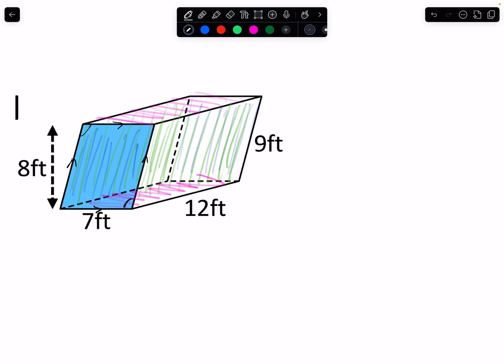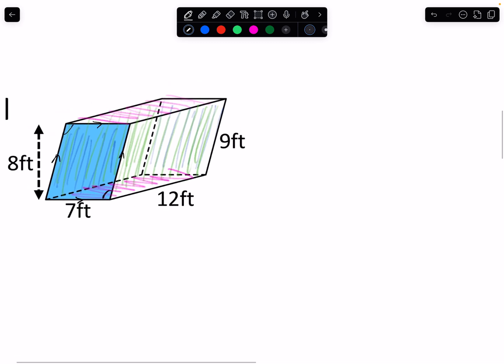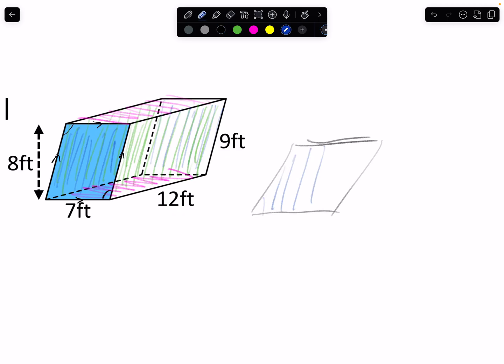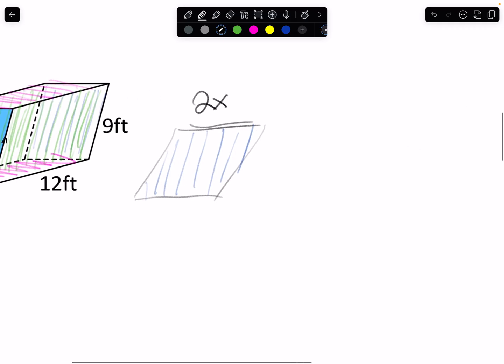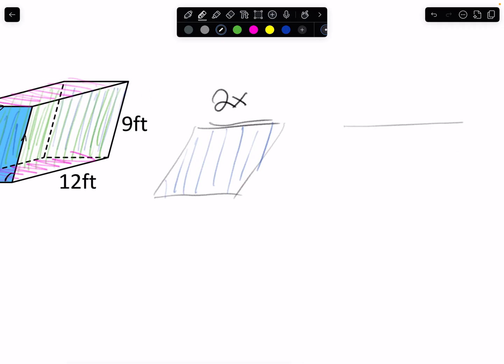Okay. Now, let's draw our things. We have three different faces here. We have our parallelogram. Let's shade this in blue. How many do we have? Well, we have the front and the back. So we have two of them. We also have our long side, which is a rectangle, which is green.